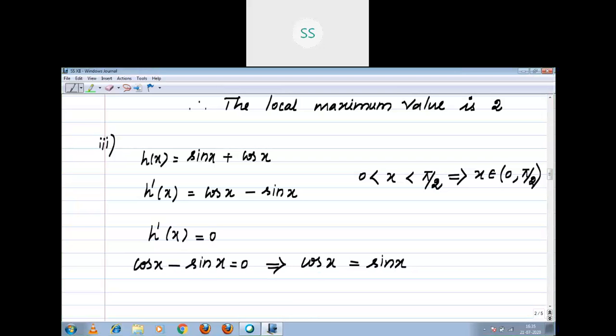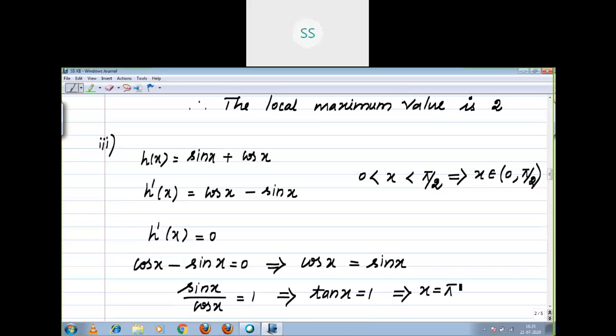Anyone? Yeah, very good, 45 degrees. Or you can write like this also: sin x divided by cos x equal to 1, which implies tan x equal to 1. Then what is the value of x? X is equal to pi by 4.